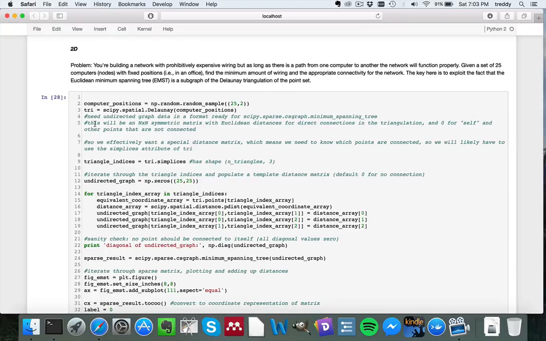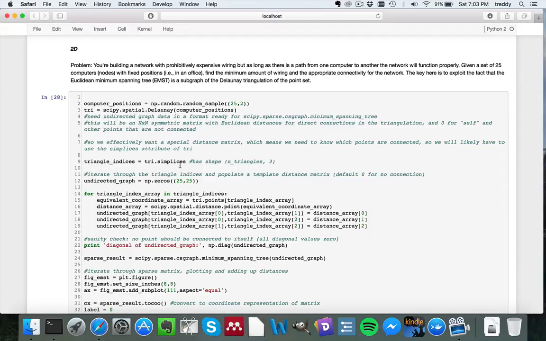As my comment here indicates, it will be an n by n symmetric matrix, and you'll basically have values of 0 for self in that matrix. So the diagonal in this matrix will be 0, right? All values in the diagonal are 0, because no computer should be connected to itself with wiring.